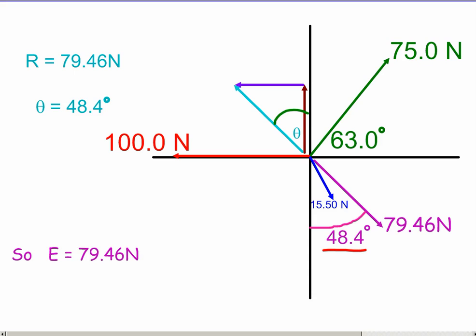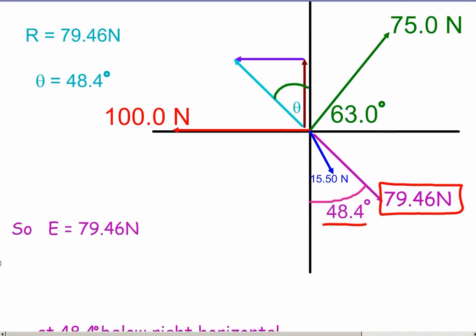The size of our resultant is the same as the size of our equilibrant. We found that to be 79.46 newtons. So there's the size of our equilibrant, exactly the same size. The angle is the same. It's just in the opposite quadrant. So we have found the value, the magnitude, and the direction of our equilibrant force. And that's how we work with concurrent forces.